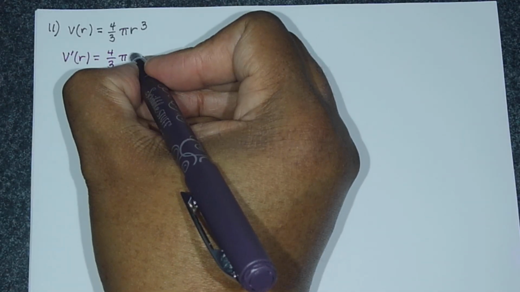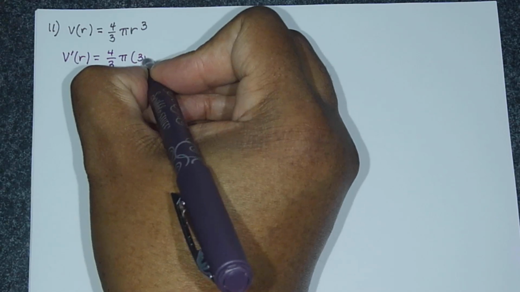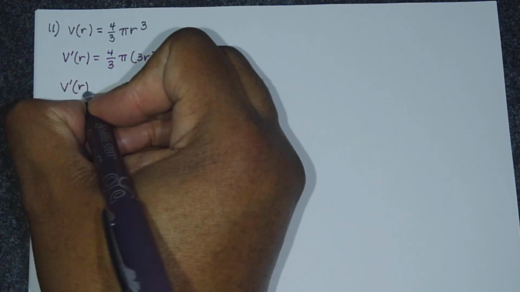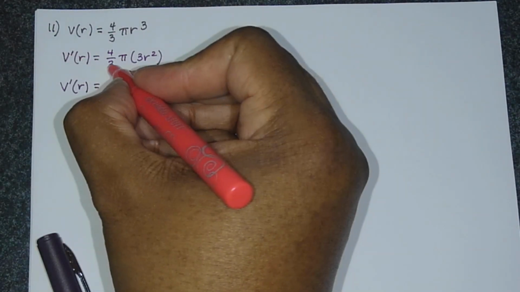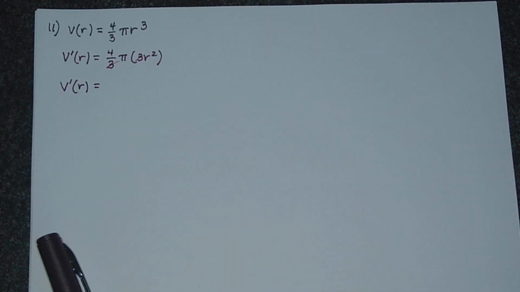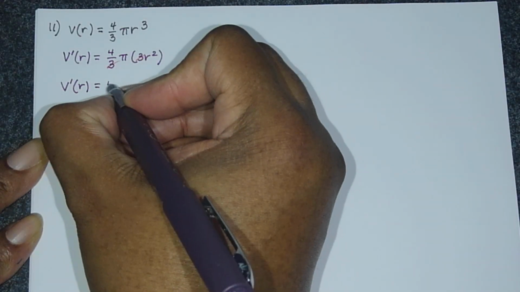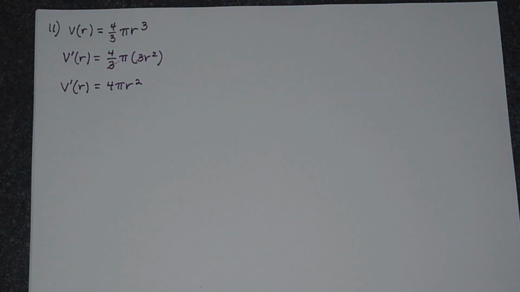What's the derivative of r cubed? 3r squared. And of course, if I simplify this, those 3's divide out, I'm only going to be left with 4 pi r squared.